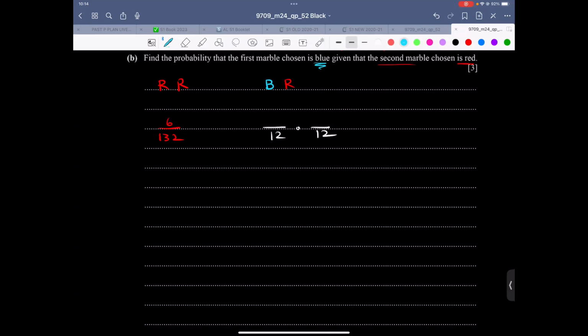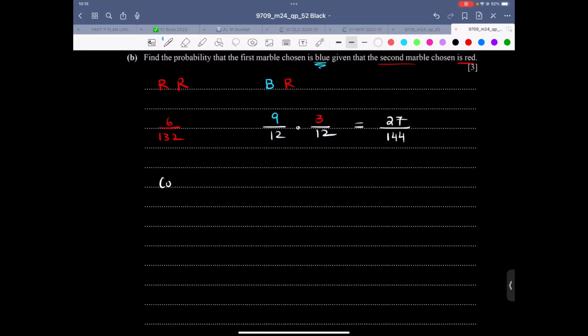For the blue, we will write 9. For the red, we will write 3. And let's multiply it out. Let's keep it in the raw form for right now. So this is 144, and 9 into 3 is 27. That means the condition which goes down in the denominator, that is 6/132 plus 27/144.